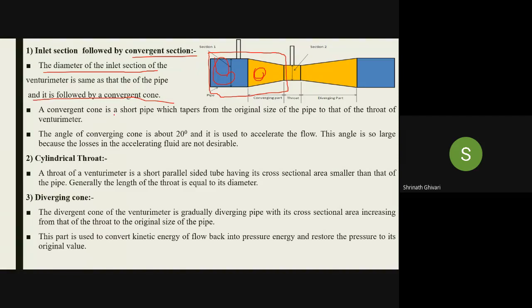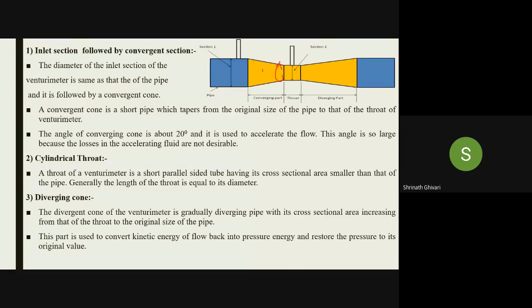A convergent cone is a short pipe which tapers from the original size of the pipe to that of the throat of the venturimeter. So the convergent cone is a short pipe having a taper shape, connecting to the throat. This is the angle of the converging cone.